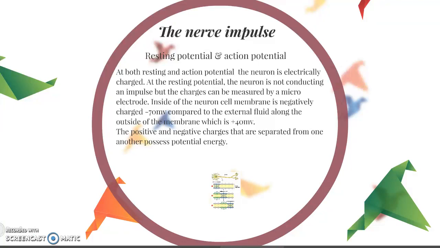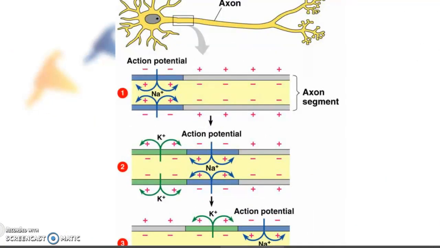They measured that by using microelectrodes. So here you could recognize this axon. Here they magnify this part. Okay, so you could recognize this is the inside of the cell in the resting state of the neuron. It carries negative charge from the inside of the cell and positive charge from the outside of the cell.